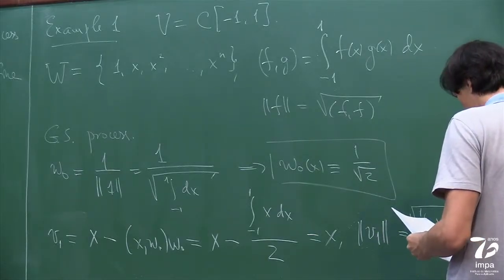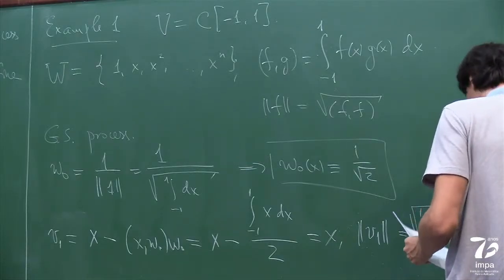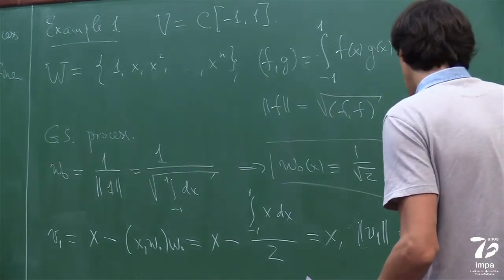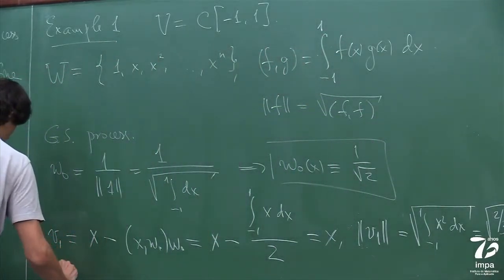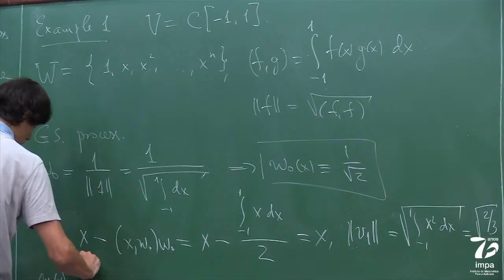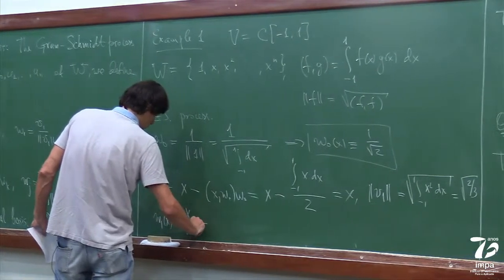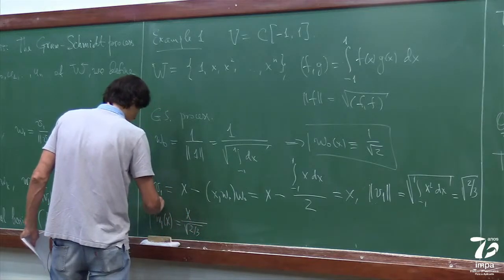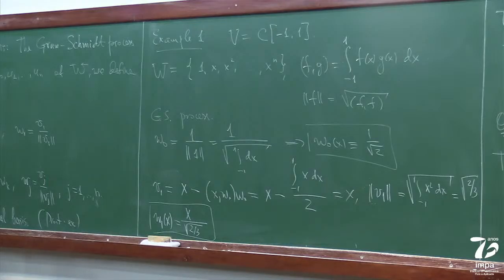So it's the square root of 2/3. So what we get is that W1 is x over the square root of 2/3. So far it's just a prefactor.